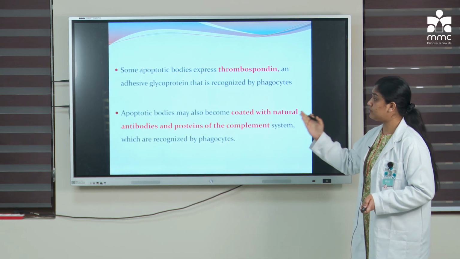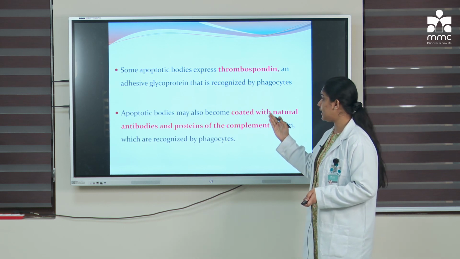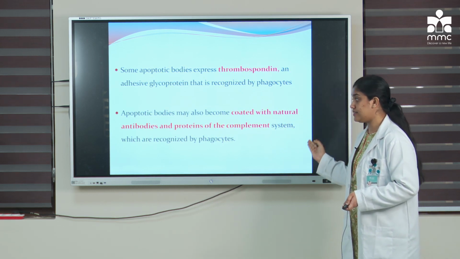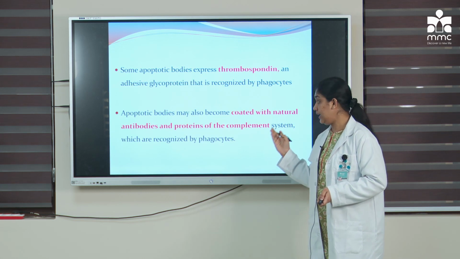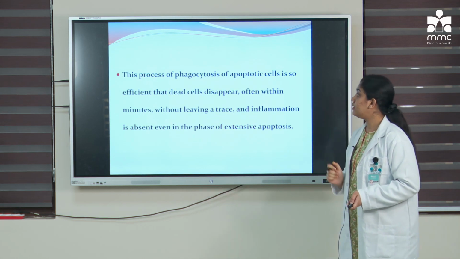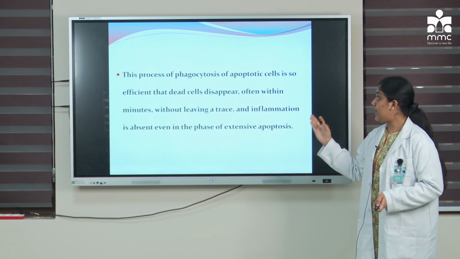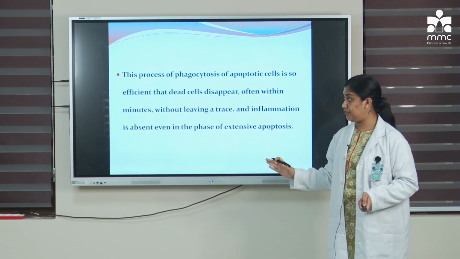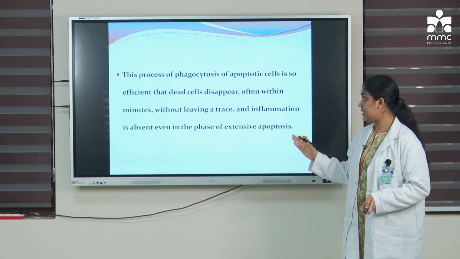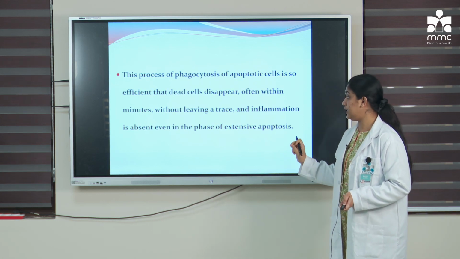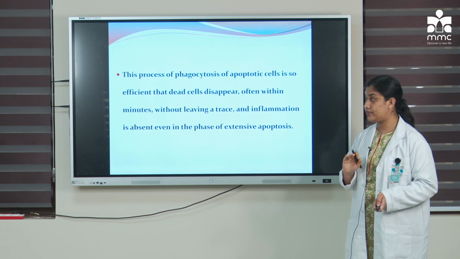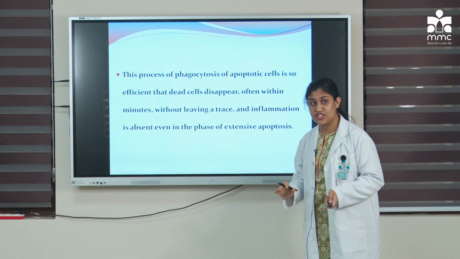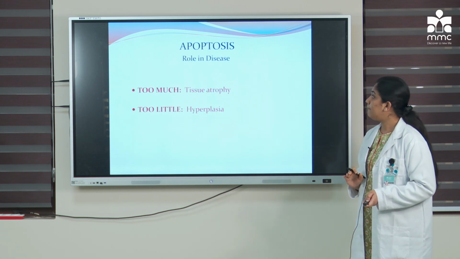Apoptotic bodies may also become coated with natural antibodies and proteins of the complement system, which are recognized by phagocytes. This process of phagocytosis of apoptotic cells is so efficient that dead cells disappear often within minutes without leaving any trace, and inflammation is absent even in the face of extensive apoptosis.